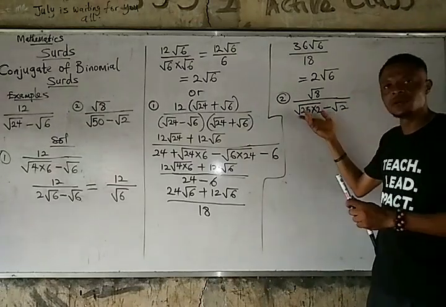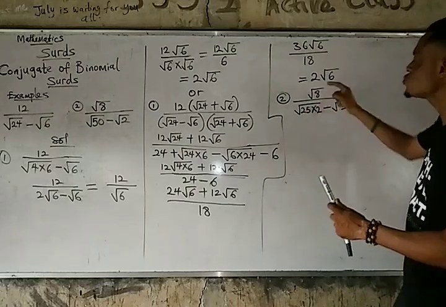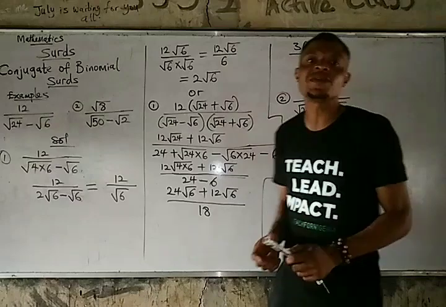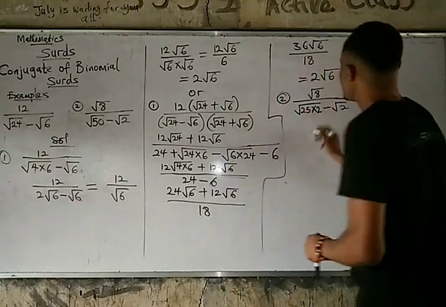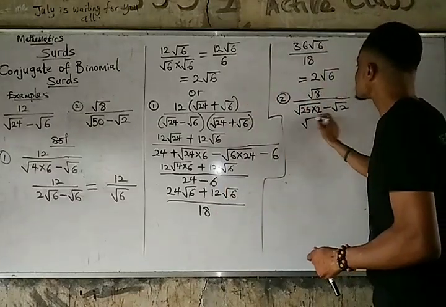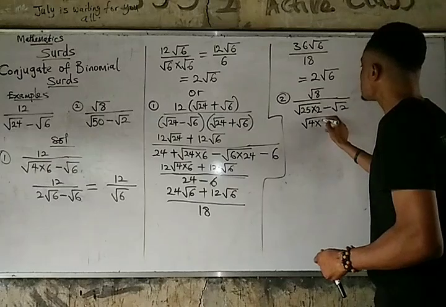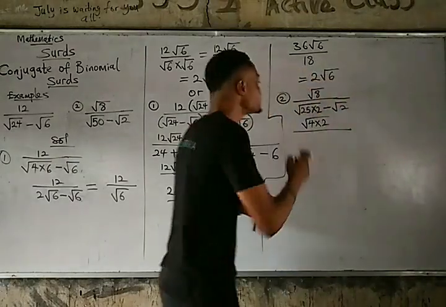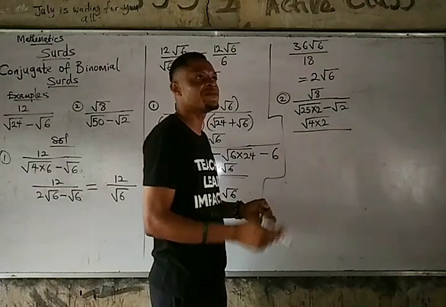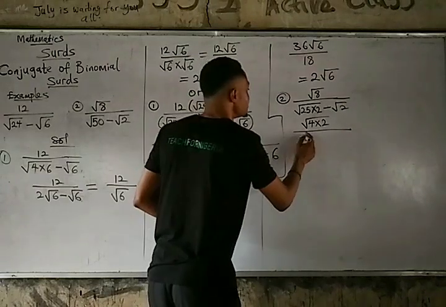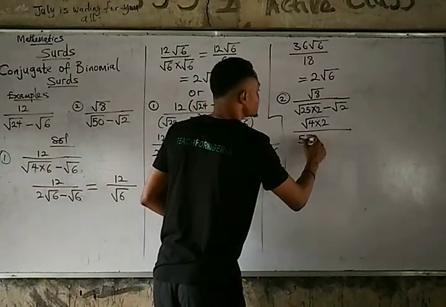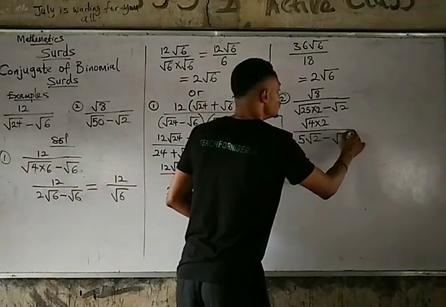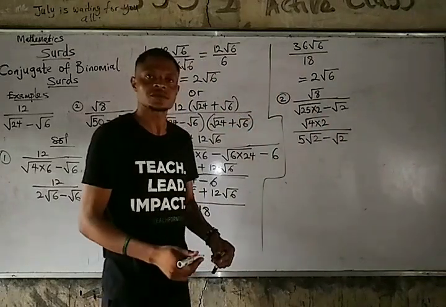While we are working on the denominator, we also remember that this numerator, which is root 8, can equally be simplified. So if you want to simplify this, you have it as root 4 multiplied by 2. So everything all over root 25 is going to be 5. This gives us 5 root 2, then minus root 2.